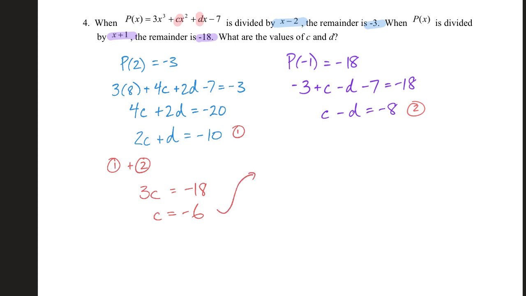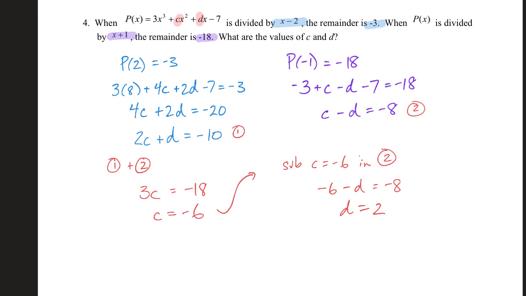Now that I have c, I'm going to sub my c equals negative 6 back into one of my originals, probably equation 2. The numbers are smaller. That means I have a negative 6 minus 8 equals negative 8. I have no idea why I just wrote that down. How about minus d equals negative 8? And so I end up getting a d value of 2.